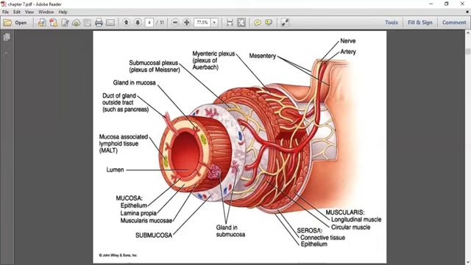Serosa means the outer layer is epithelium composed of simple squamous epithelium, beneath it directly connective tissue. If there is no epithelium, then the outermost layer is composed only of connective tissue and called adventitia.